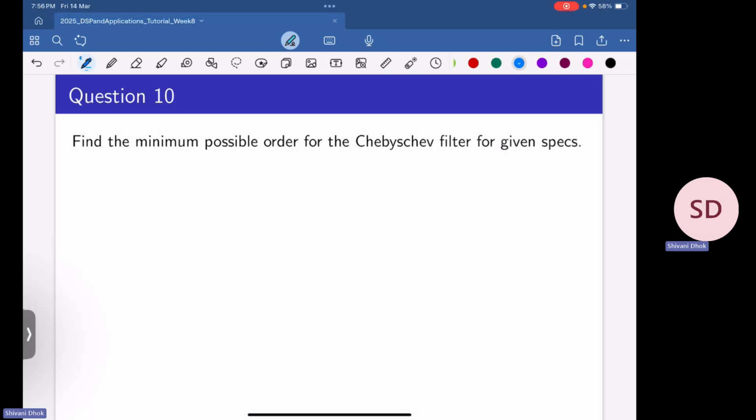So this is the last question that I have planned to cover today. It says that find the minimum possible order for the Chebyshev filter for the given specifications.